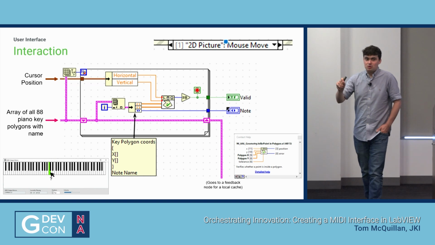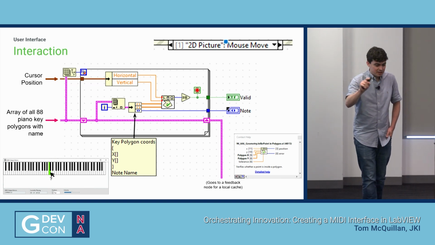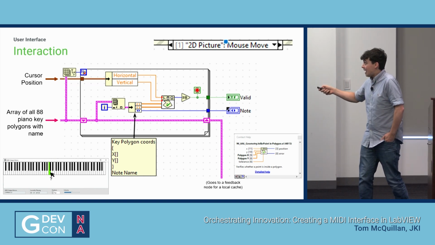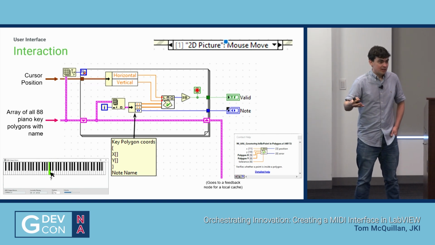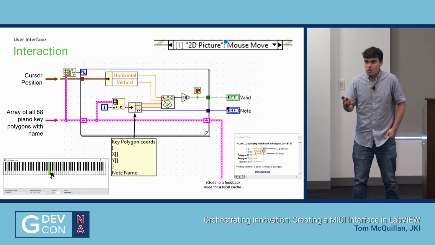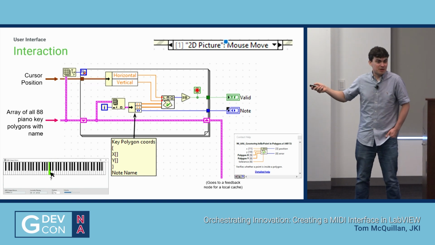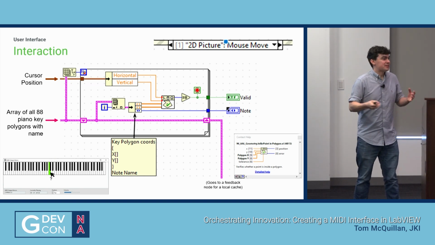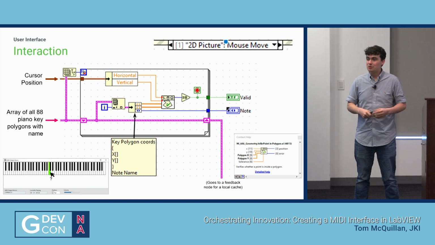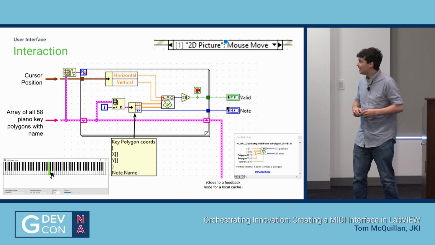Now, I was skeptical. I thought every time I move my cursor, I'm doing 88 polygon checks. That feels like a lot, right? The thing is, this is all maths, and maths is really quick. LabVIEW as a language is really quick, and we should give it more credit than I think we do.